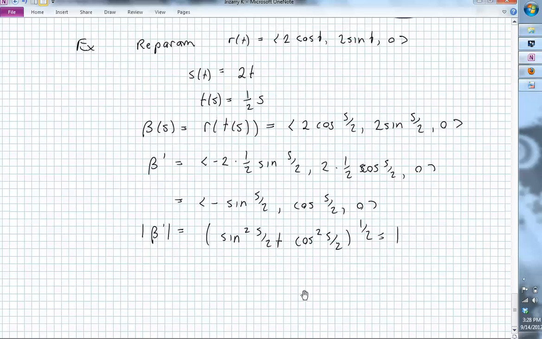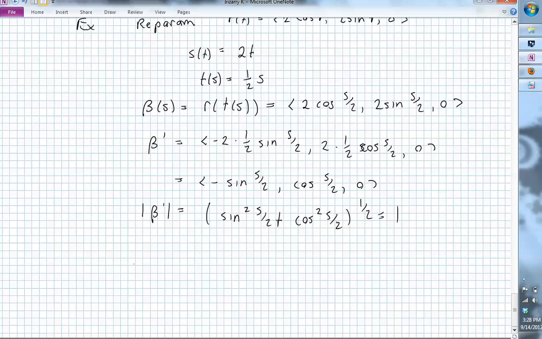What does this give me? Well, for example, where am I if I travel pi units along beta of s? Well, that's just a matter of plugging pi into beta of s.